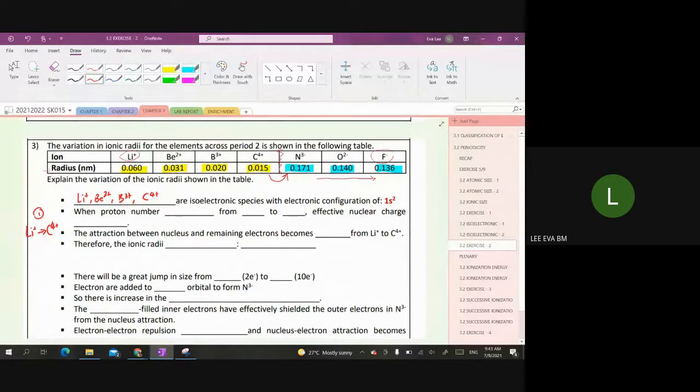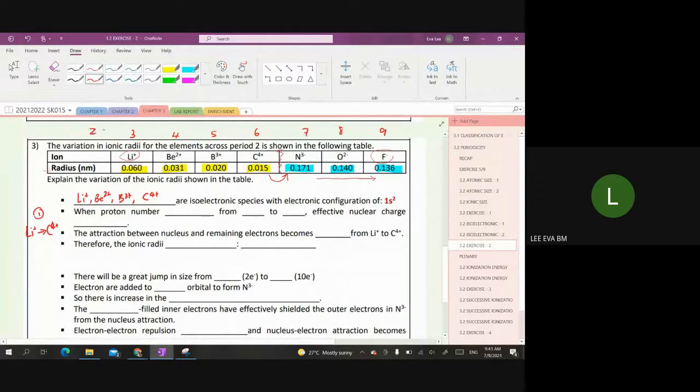Okay, and then you continue. When proton number increases. Proton number untuk lithium 3, beryllium 4, boron 5, carbon 6. Nanti dekat nitrogen 7, 8, 9.